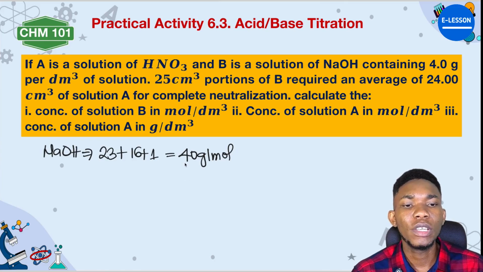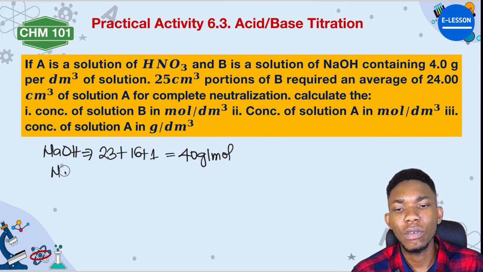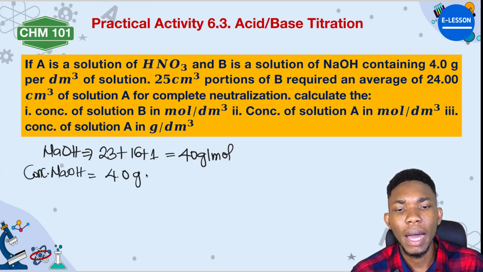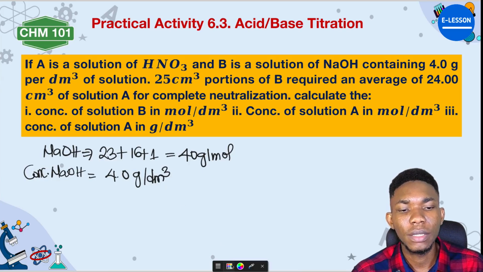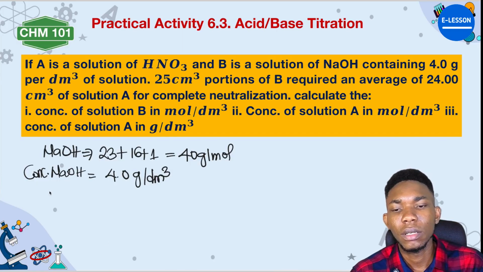Now, the question says calculate the concentration of B in mole per dm cube. The concentration of sodium hydroxide in gram per dm cube was given as 4.0 gram per dm cube. Now, my dear students, write this formula out. Very important.